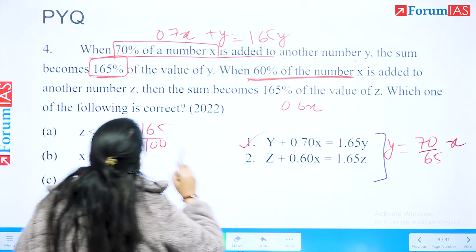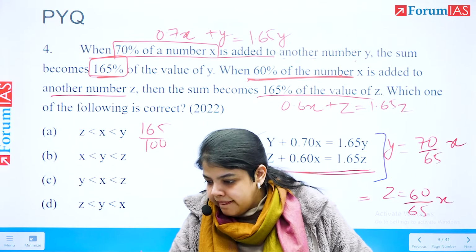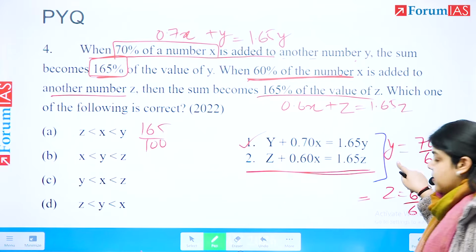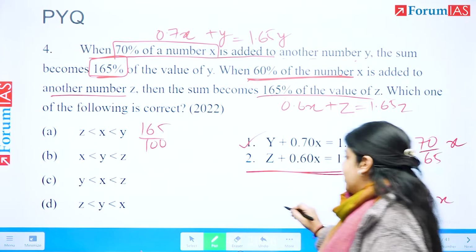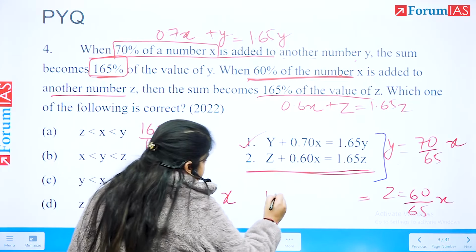You again solve it. z is equal to 60 upon 65 x. When z is equal to 60 upon 65 x, z is lesser than x, and in the first, y was more than x. So in the middle is x, y is more and z is less. Answer is A. I hope, Amrit, this helps you understand how the question was being solved.